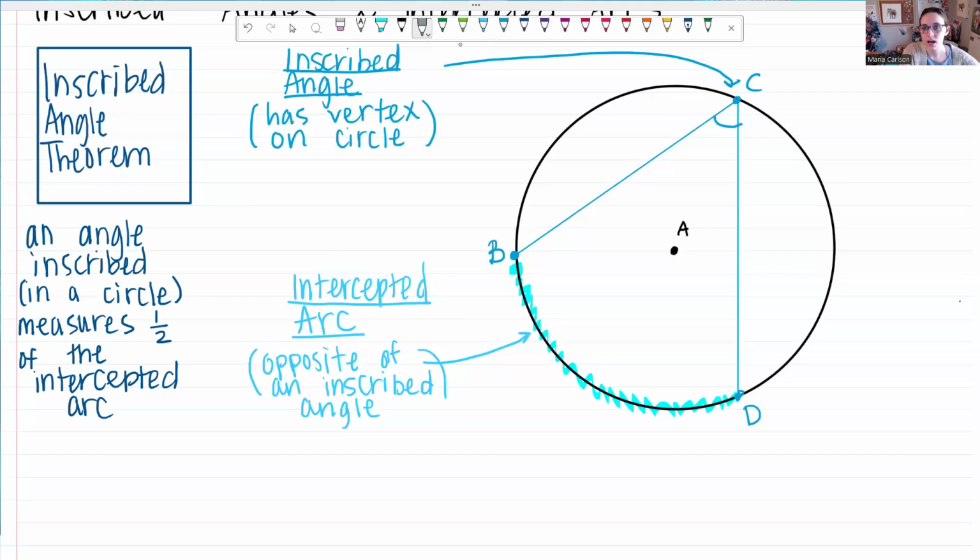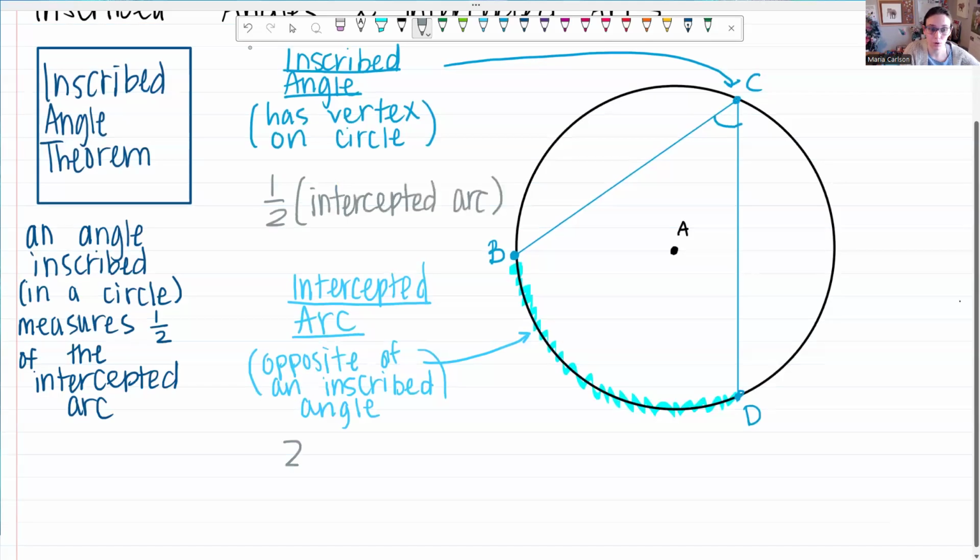So, in other words, I know this inscribed angle is half of the intercepted arc, or the intercepted arc is double the inscribed angle.